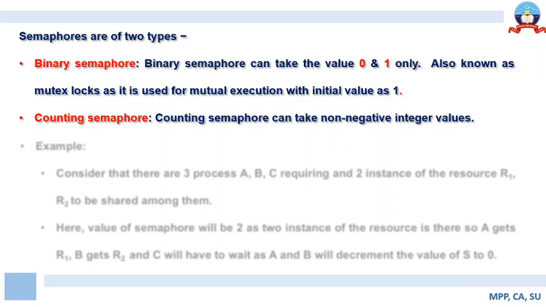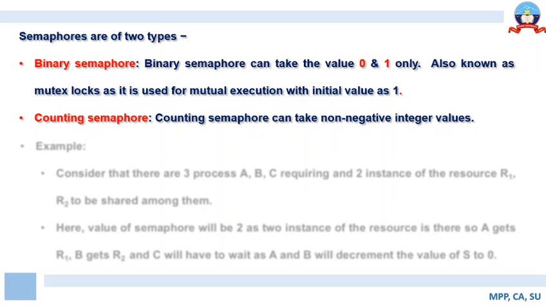Binary semaphores are also known as mutex lock, as they are used for mutual exclusion with initial value as 1.